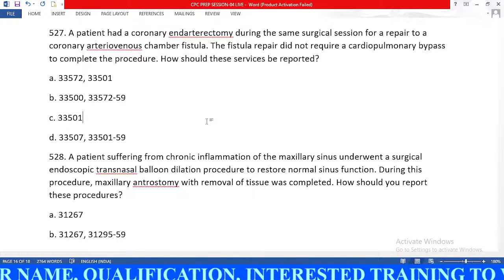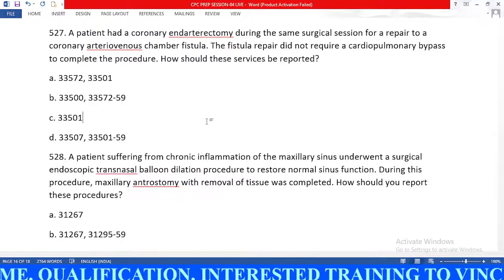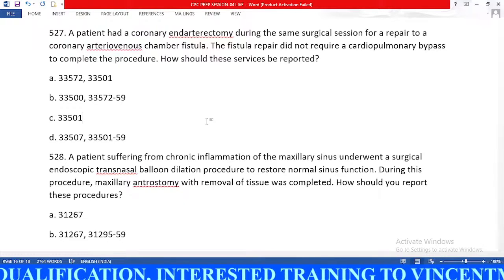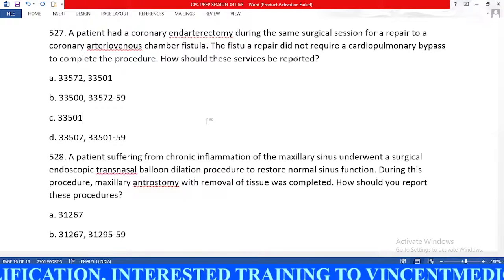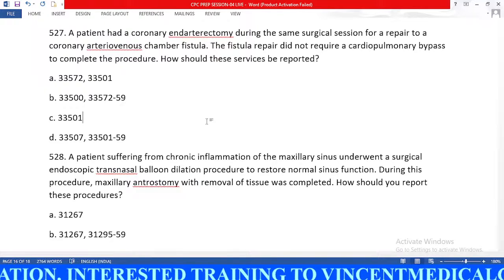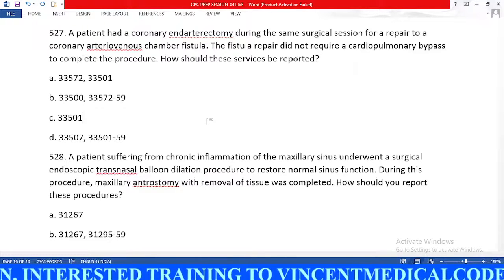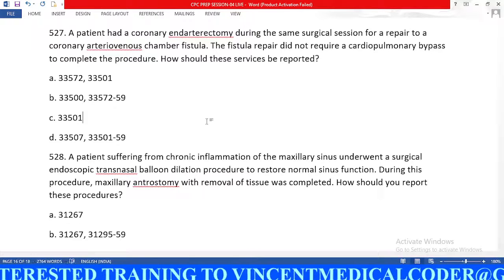So we have 1 more minute. All of you please write the answer in the chat box so that you will get motivated. Thank you, Srinath.